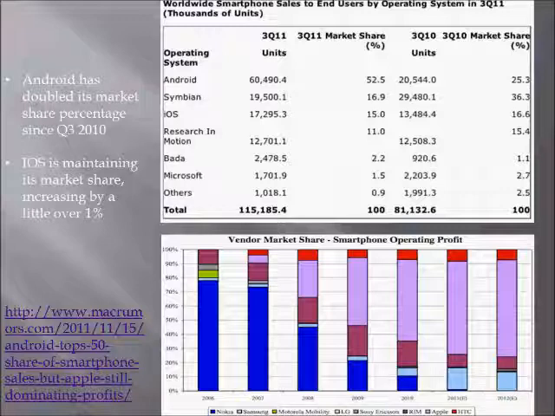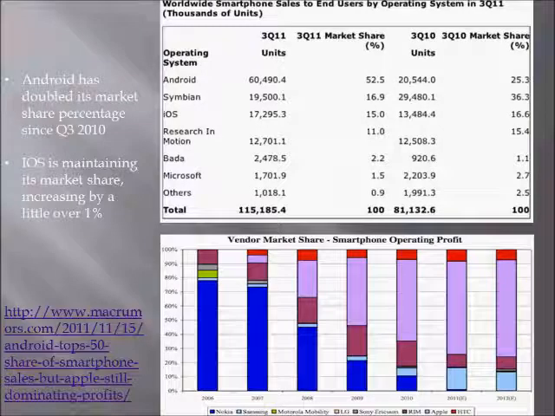This is compared to quarter 3 of 2010, where Android had 20,544 and 25% of the market share, and iOS had 13,484 and only 16.6% of the market share. This is a great increase for Android, as they doubled their market share percentage since quarter 3 of 2010. iOS is actually maintaining and has increased a percentage over the year difference.